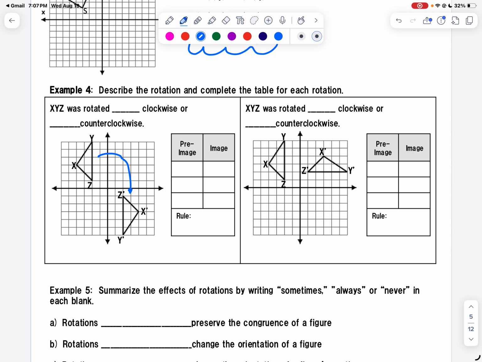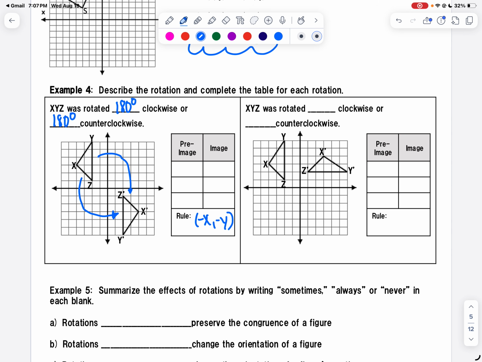So that would be 180 degrees clockwise, or 1, 2 rotations would be 180 degrees counterclockwise. And the rule for 180 clockwise or 180 counterclockwise is opposite x, opposite y. Opposite x, opposite y.